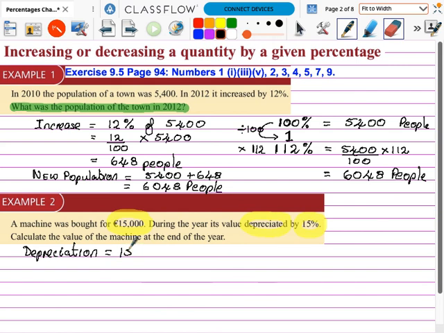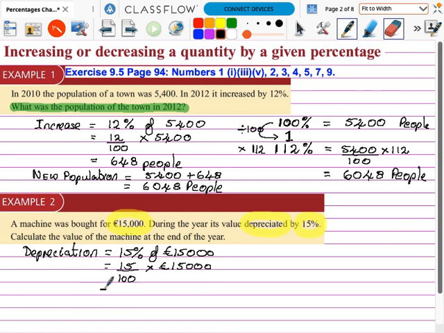But it's 15% of the original price, which is 15,000. We write this as a fraction. 15% is 15 out of 100. Of is a multiplication symbol, and then we write the 15,000 again. We reach for a calculator.